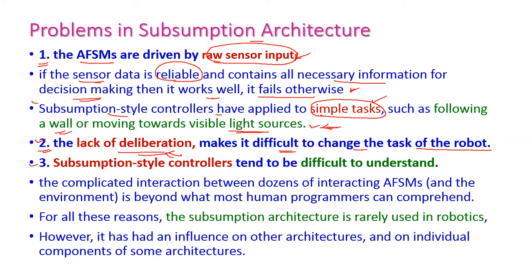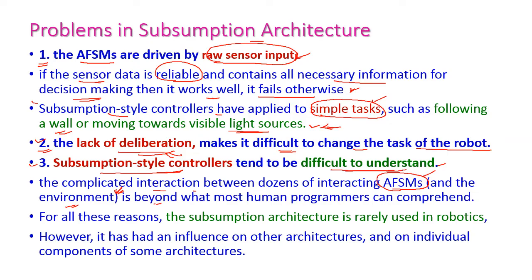When it comes to the third problem, subsumption style controllers tend to be difficult to understand. That is because of the complicated interaction between dozens of interacting AFSMs, the finite state machines, and the environment. Suppose we make the robot move in a complicated environment, it is very difficult.